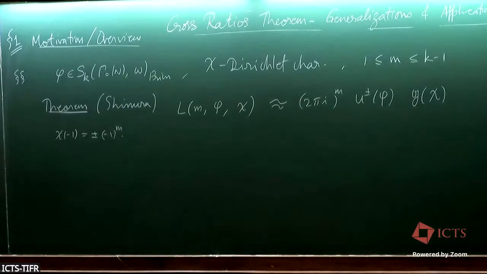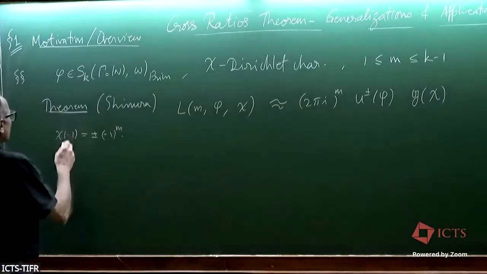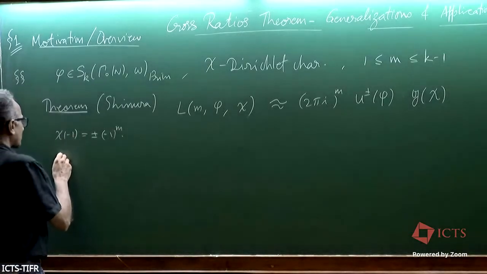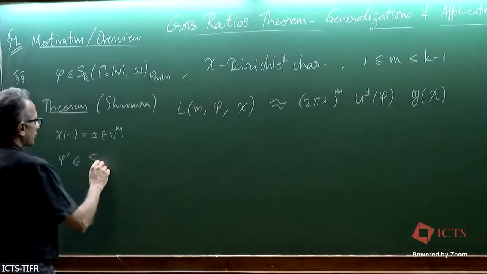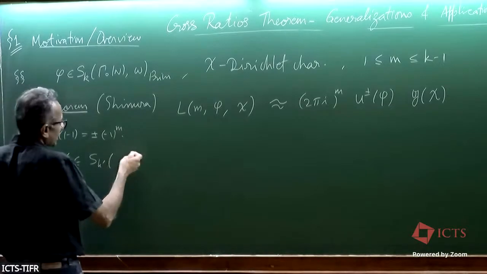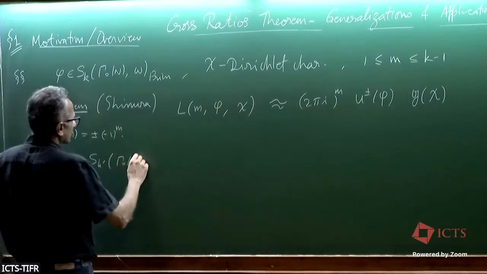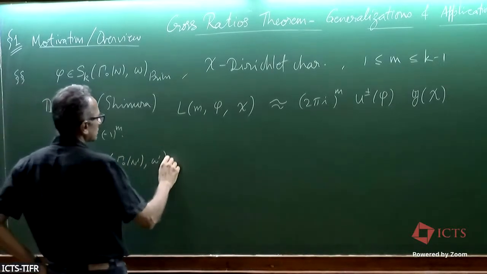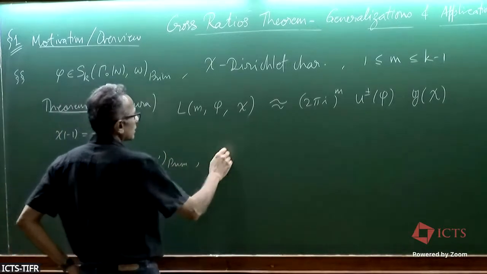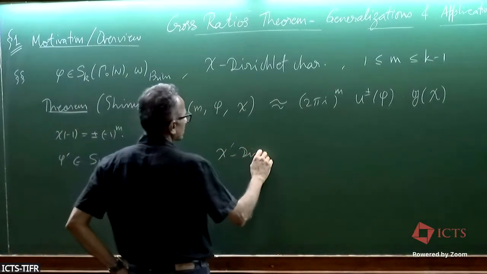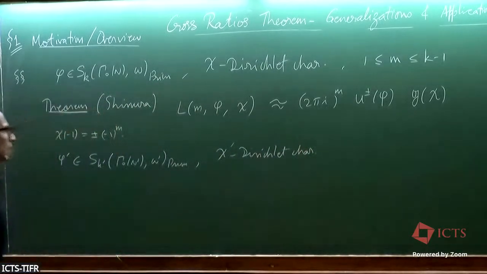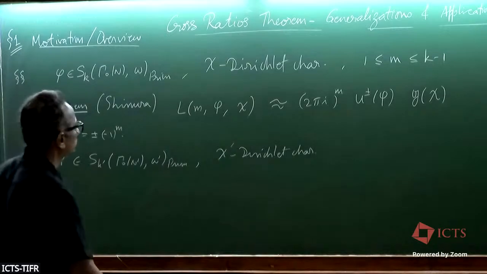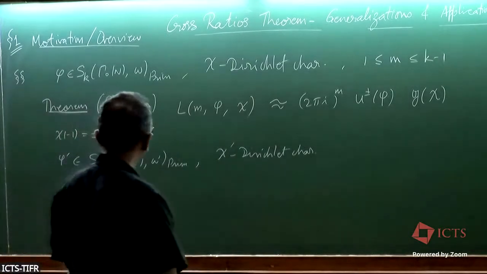Okay, so this is a well-known classical theorem. Now, for good measure, let me bring in yet another modular form of some weight, k prime. The other ingredients don't really matter so much, some level, some nebentype, and bring in another Dirichlet character. Sorry, what again?